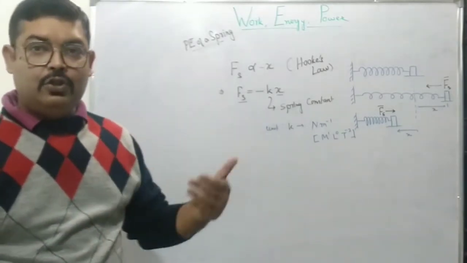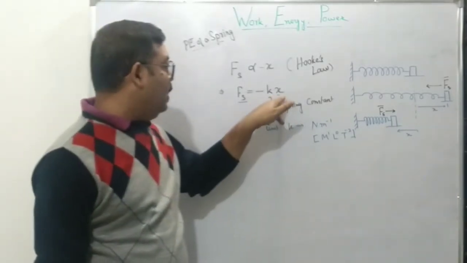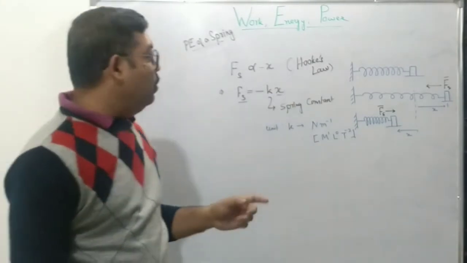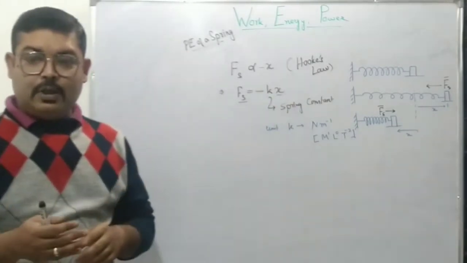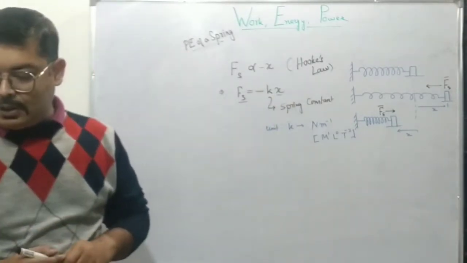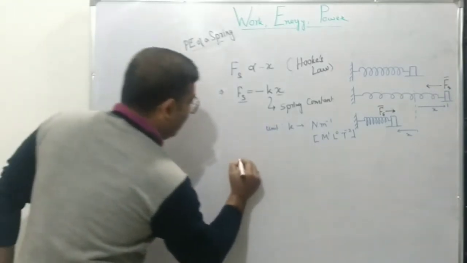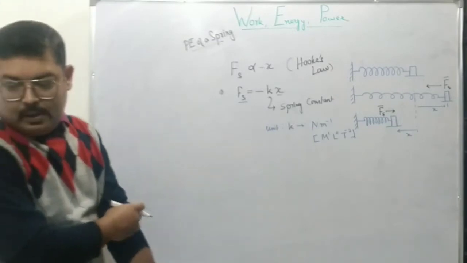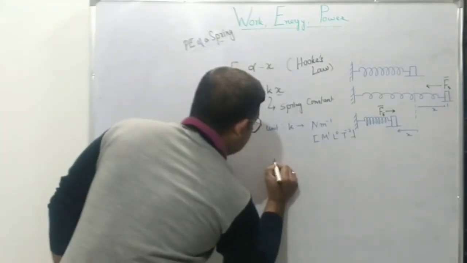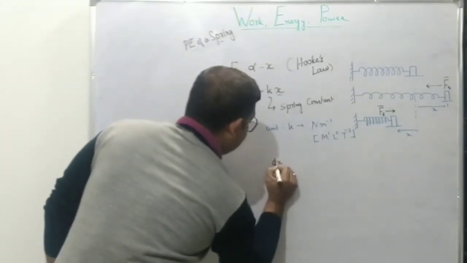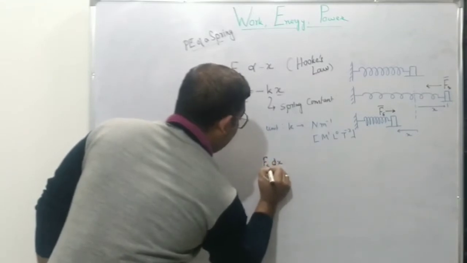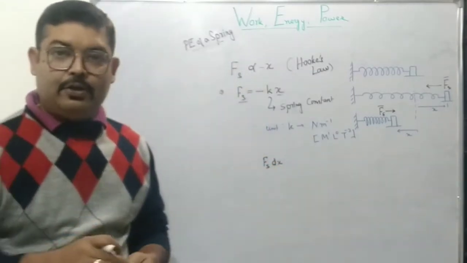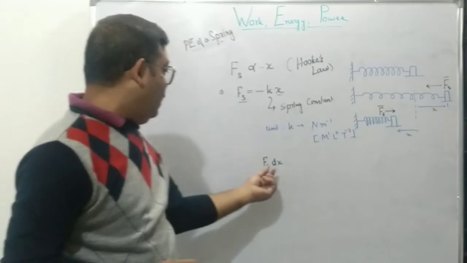The force's magnitude will change with the displacement x. So we cannot use the constant force terms here, we will use the variable force terms. That is to say, for a small displacement dx, the spring force can be considered to be constant.